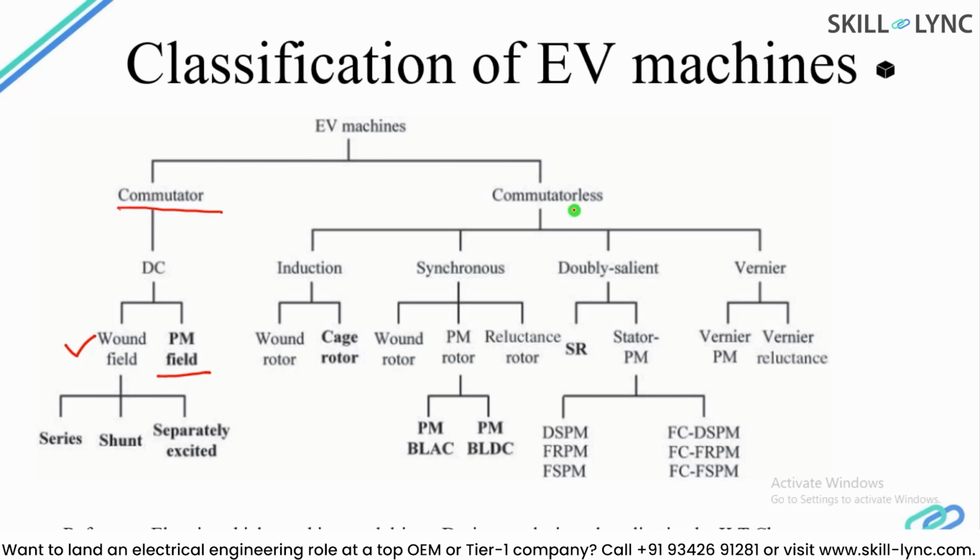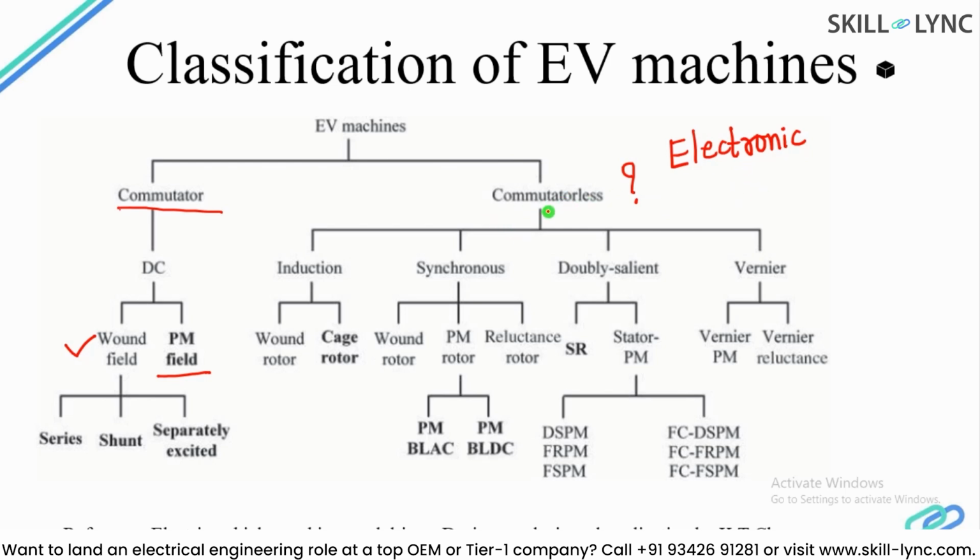If you consider the commutatorless machine, the question arises, how does the commutation happen then? Yes, the commutation happens, but it is electronic commutation. For electronic commutation, you have the fundamental requirement of a power drive, which we call a motor drive, or an inverter in the case of a DC supply for a motor.